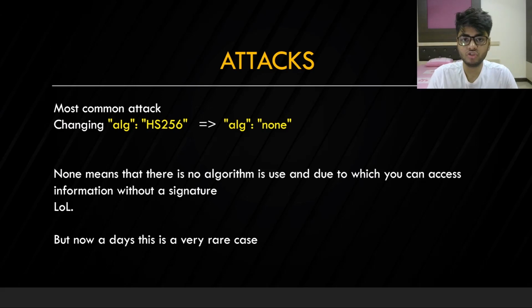You just need a payload and a header. But nowadays this is a very rare case, and you can't use none, because developers use blacklisting and whitelisting. According to that, if you provide any other algorithm, it will not allow you.